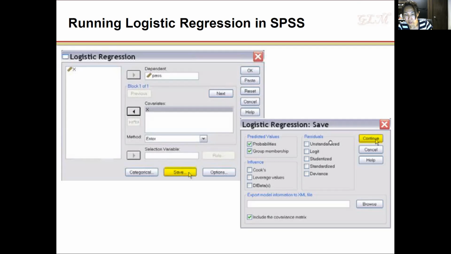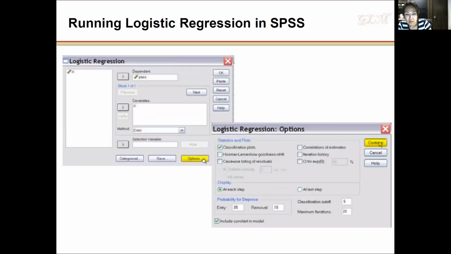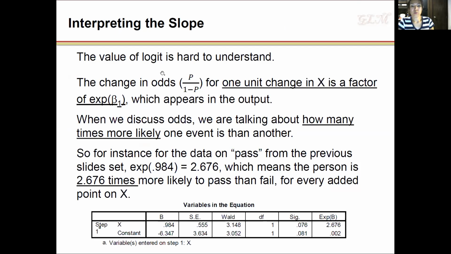Then you will see these options, probability and group membership. Include the covariance matrix. So click these 3 and then continue. And Options, and then classification plots. Include a constant in the model and continue. So you will have the outputs that you need to interpret.